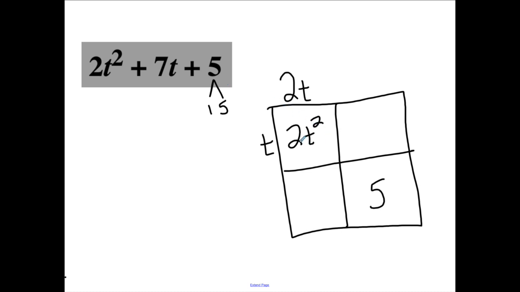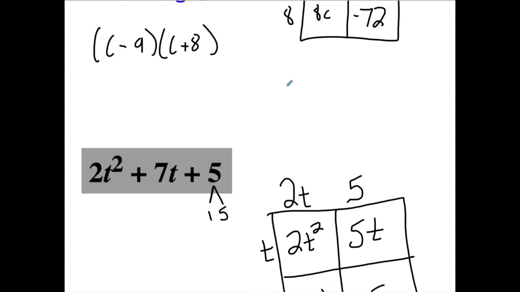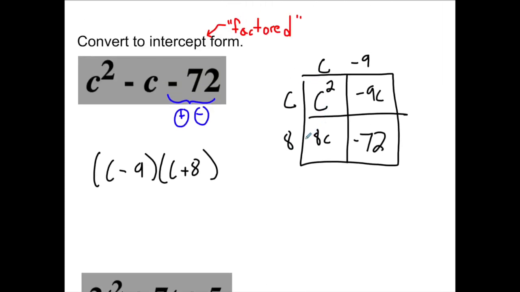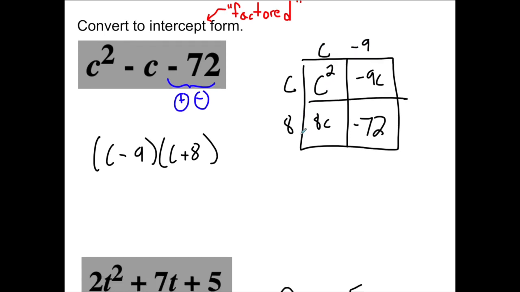Now I've got to arrange this so I can somehow get 7. And the way I do that is I put the 5 here and the 1 here, because then this becomes 5t and this becomes 2t. Remember, the trick is that unlike here, you just worry about the number itself, the 8 and the -9. I don't care about anything but that.